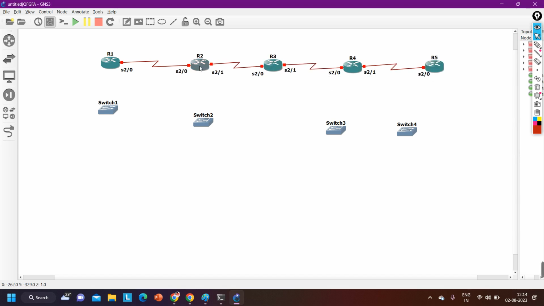Between routers, you already know how I will use the network. Between router 1 and router 2, I will use the 12 network. Between router 2 and router 3, I will use the 23 network. Okay.